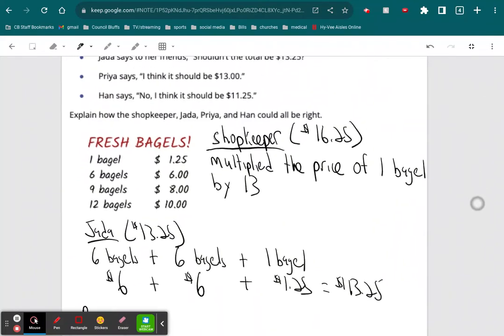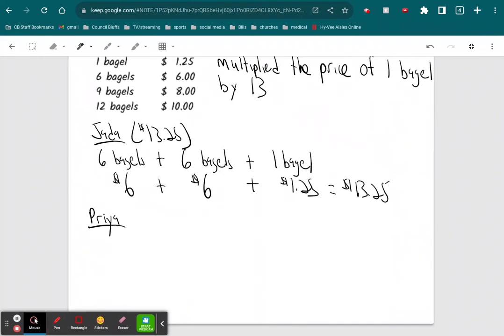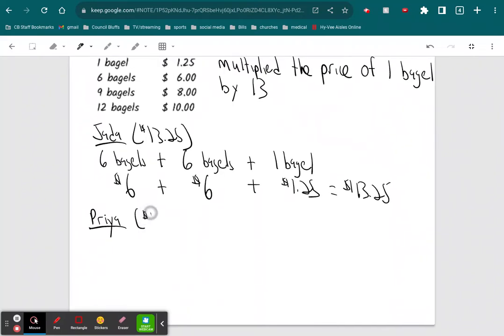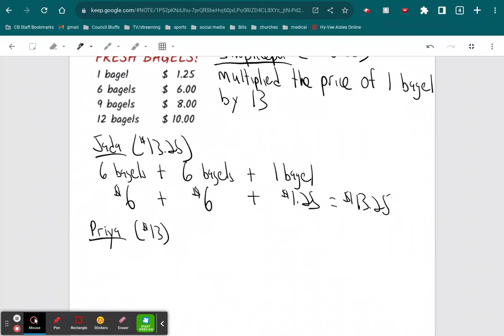Let's look at the next person, Priya. So Priya thought it should be $13. So that was her total. Okay. So on that one, we're told that 9 bagels is $8. All right.